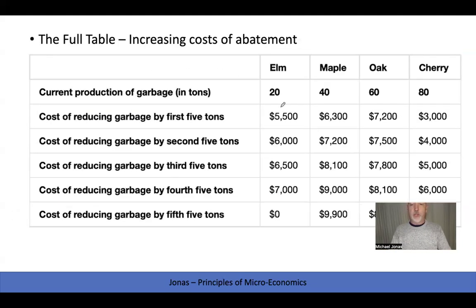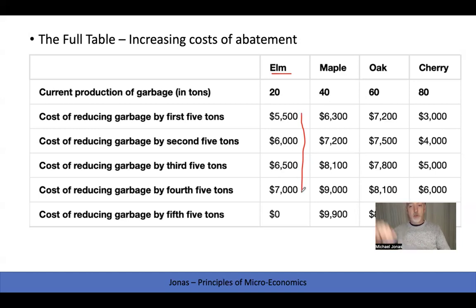Okay, so here is the full table. And so for each firm, you can really think of these values as tracing out an upward sloping marginal cost curve, right? To produce the first 5 units of pollution abatement, it's 5,500 for elm. The next incremental unit produced has a cost of 6,000, et cetera, et cetera.